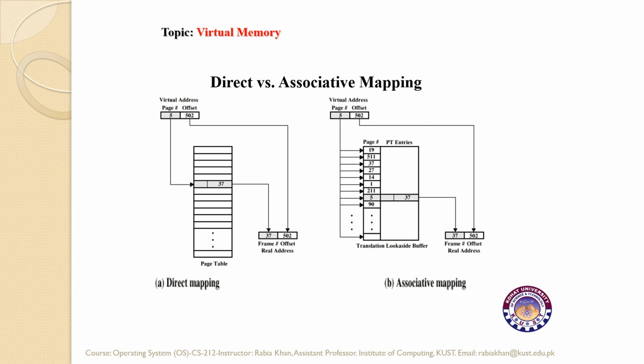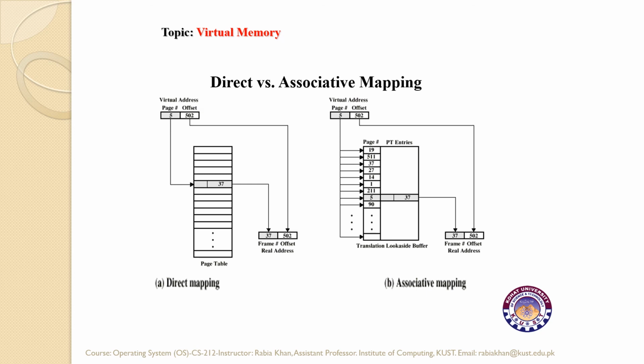While in associative mapping, the translation look-aside buffer is maintained in the form of a cache holding all recently used page table entries of different pages of different processes. The page number is first searched in translation look-aside buffer to fetch the respective frame number. And if it is found, this frame number is linked with the offset in order to get the physical address.